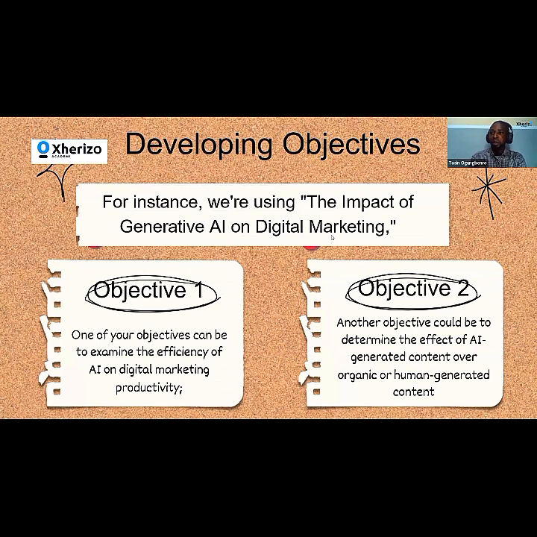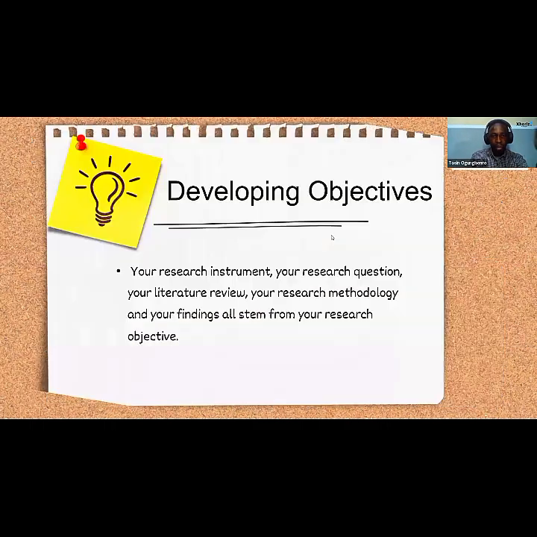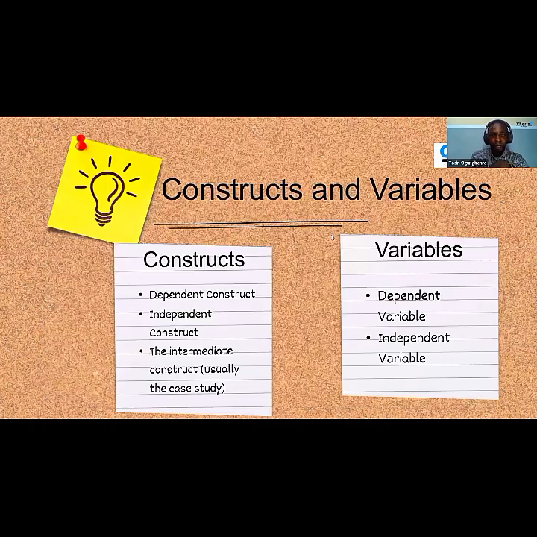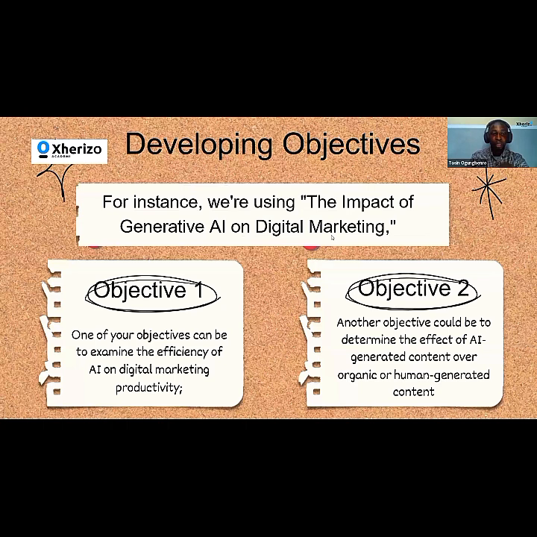Another one could be the effect of AI generated content. Sorry, because I made a correction, I'm going to correct this slide later. So just listen, the objective on your screen is not what I want to use.